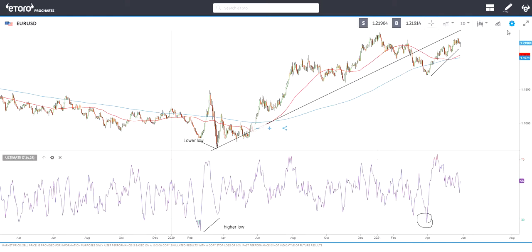You should be patient. As you can see in the two signals generated by this indicator, one happened back in March 2020, and the other happened here after 1 year in April 2021.